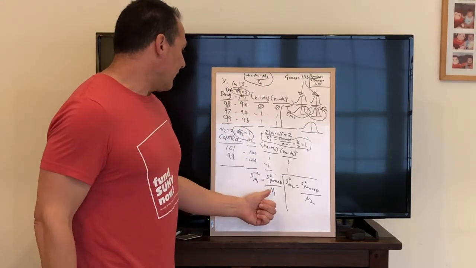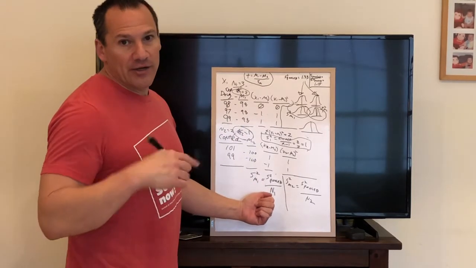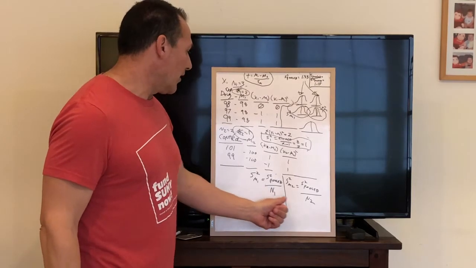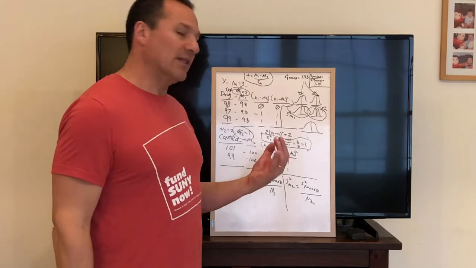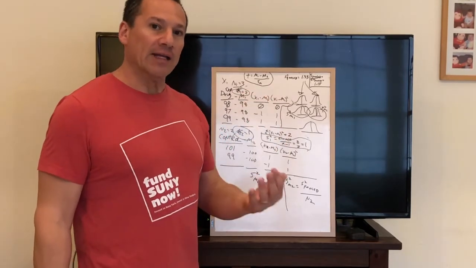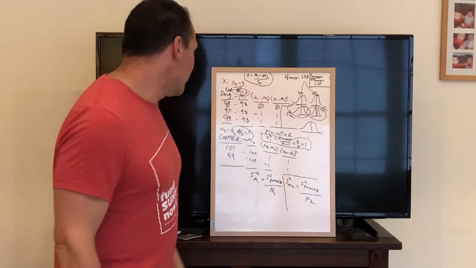And we're dividing, for each of these distribution of means variance estimates, by the relevant n, which gives more weight to an estimate that is based on a higher n, which again is a theme throughout stats.